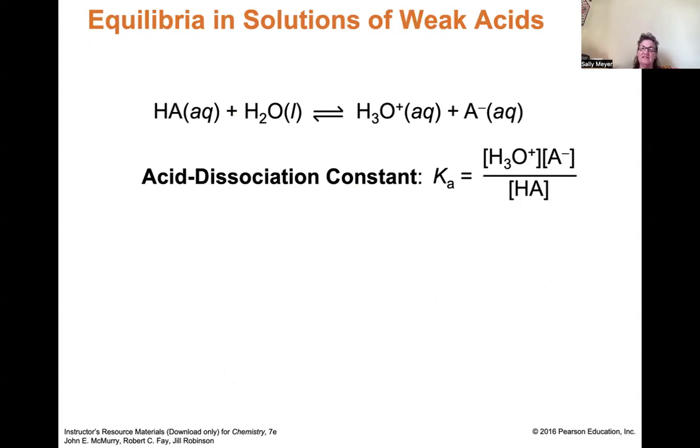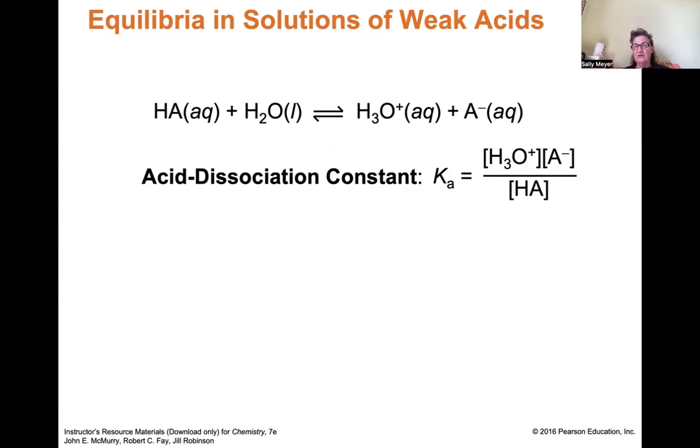Now, if we have weak acids, we have to think about what we learned in the last chapter. We have to remember that it's an equilibrium. When you draw the double arrow, that means some reactants remain and some products remain when things stop changing.